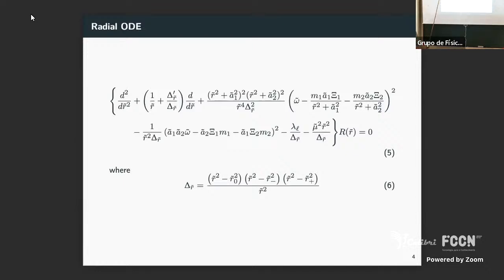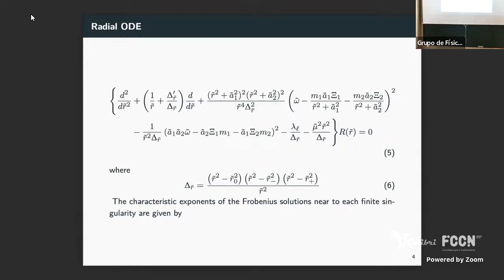There, r plus tilde squared is the outer horizon, and then you have the inner horizon and one horizon that is purely complex negative, actually. So in r tilde squared, you have four regular singularities. By solving the Frobenius solution near the singularities, you can compute the indicial coefficients.